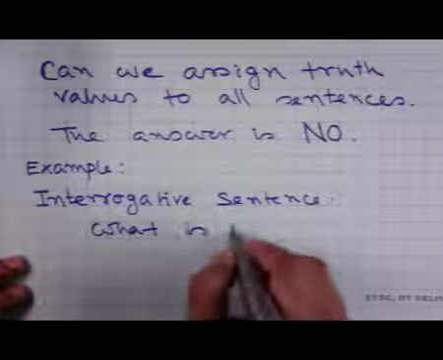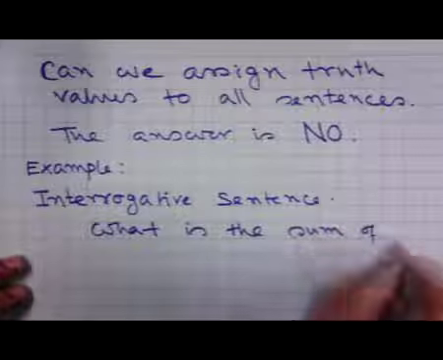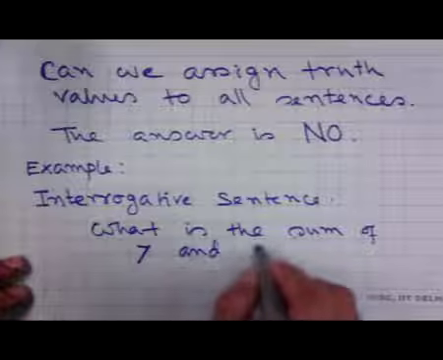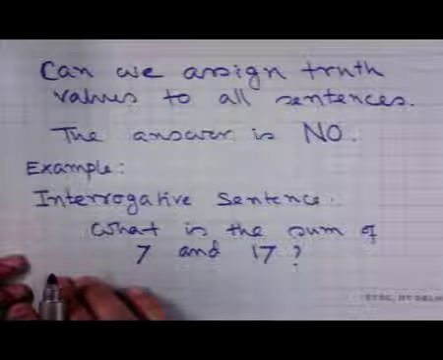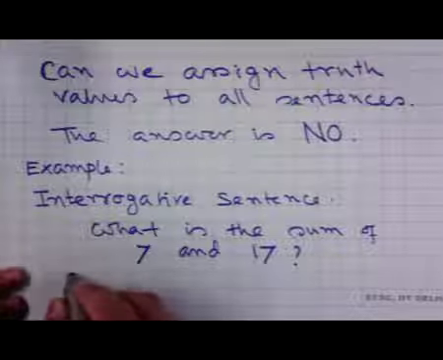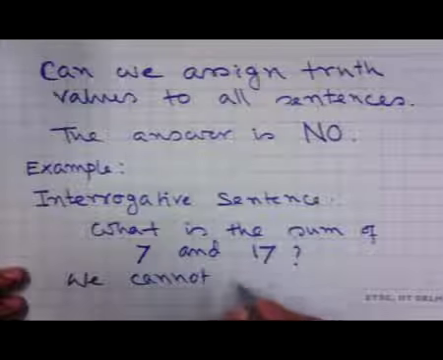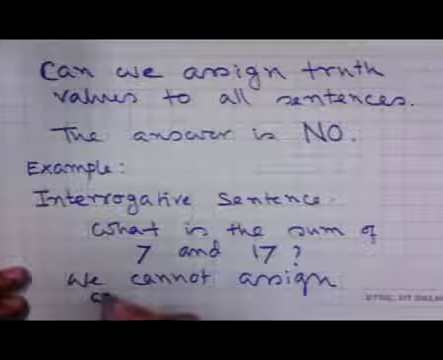What is the sum of 7 and 17? This is a question that is being asked. Therefore, we cannot assign any truth value.